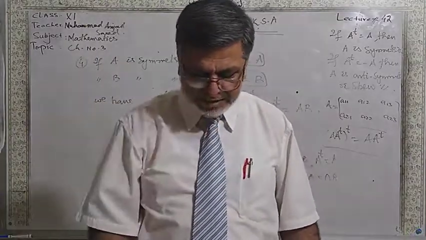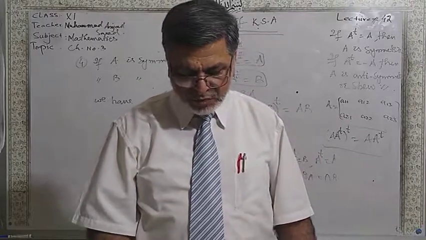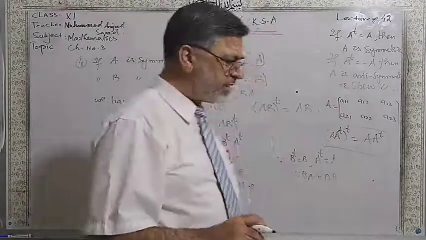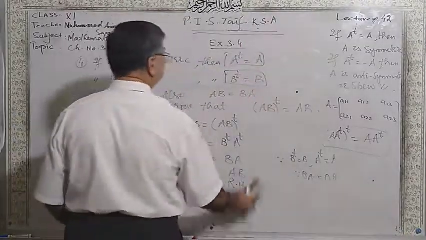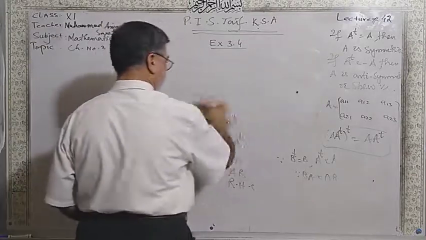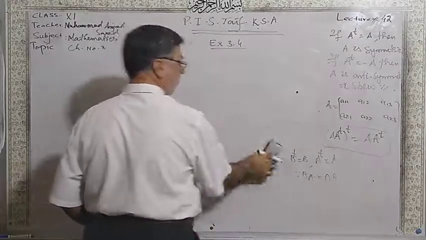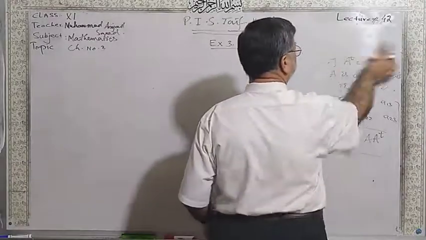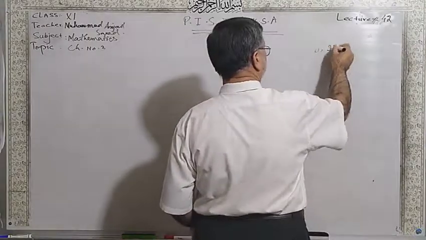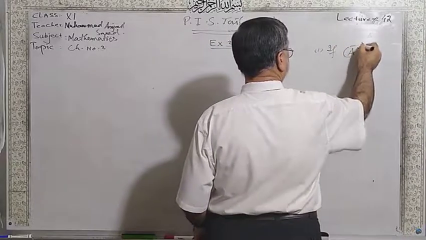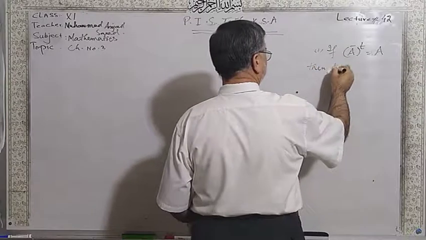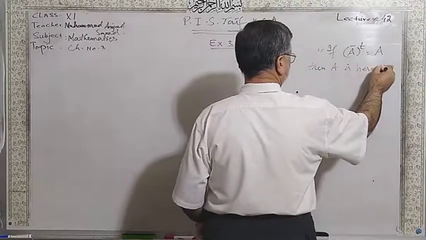After that, question number 6. If A is given, show that A plus A bar transpose is Hermitian. Remember that we have Hermitian matrix just like symmetric. In case of Hermitian matrix, if A bar transpose is equal to A, then A is Hermitian.